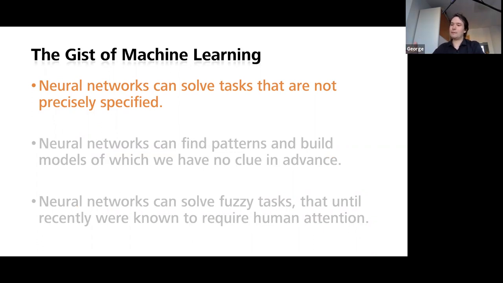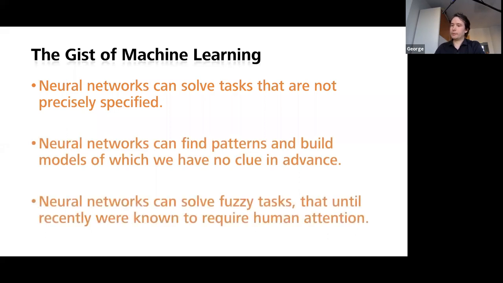So we don't have the answer why. There's a certain correlation between inputs and outputs, and neural networks are able to find patterns in the data. Sometimes we are not even aware of those patterns or the nature of those patterns.